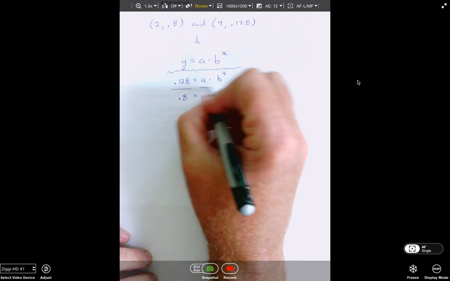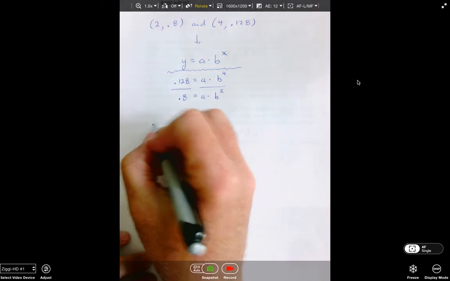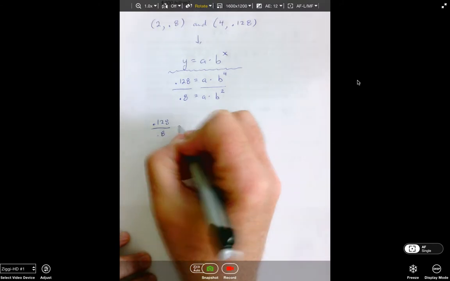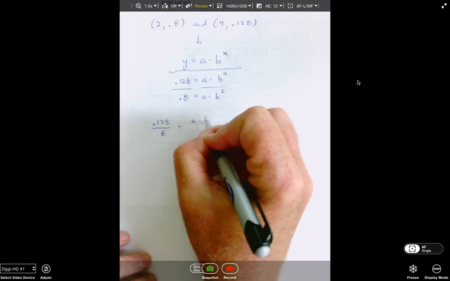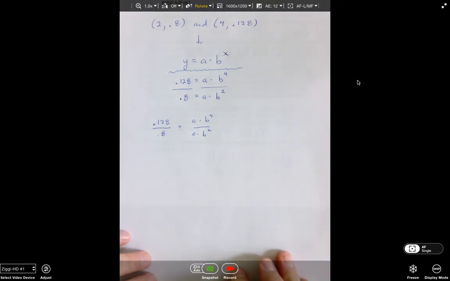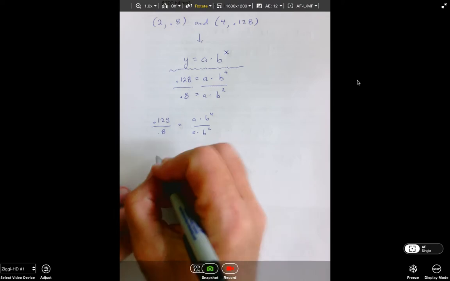Now I can divide both sides and create that. So on the left-hand side, let's see if this turns out to be something nice, and it does.